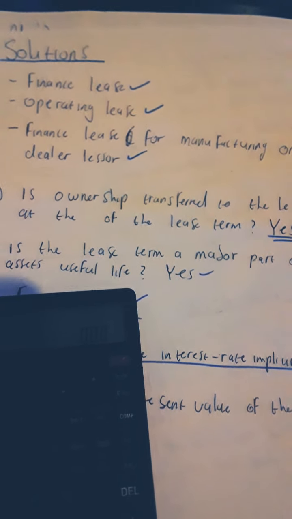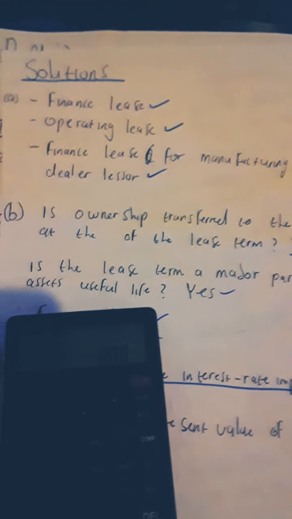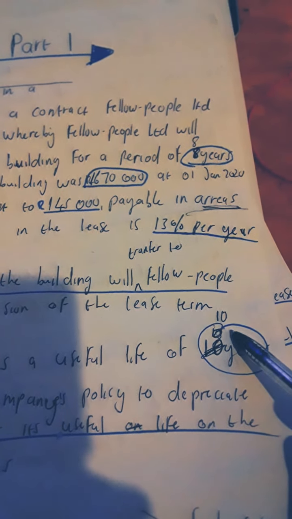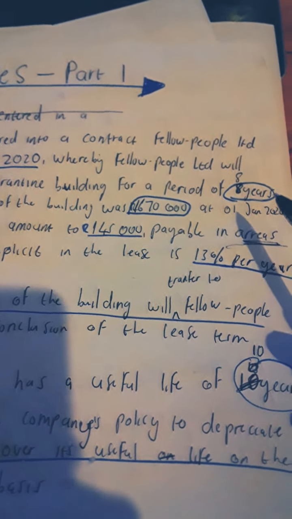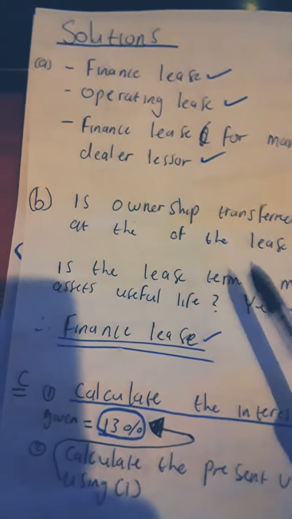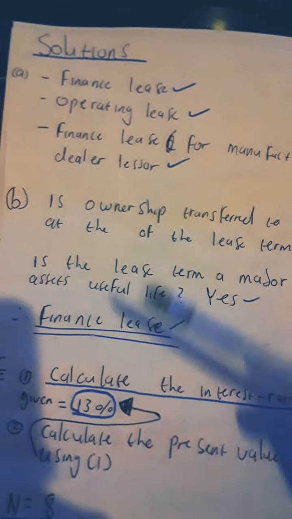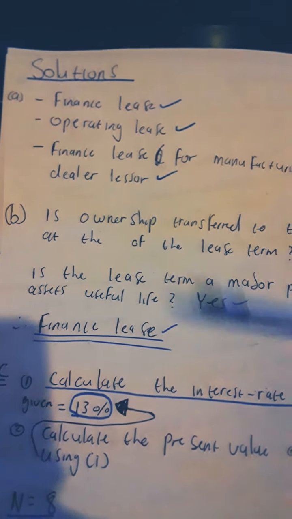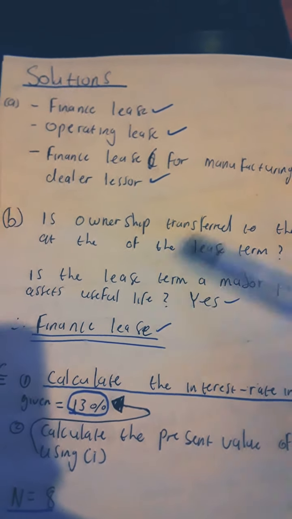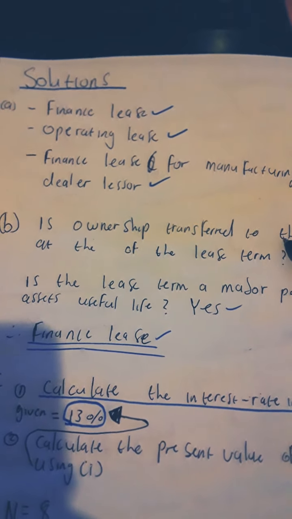Yes, because the asset has a useful life of 10 years and the lease period is 8, which is the majority. So we can safely conclude that it's a finance lease. There are other reasons you can give, but I'll give you the chance to look at those. These are just the basic ones which can quickly indicate it to you.